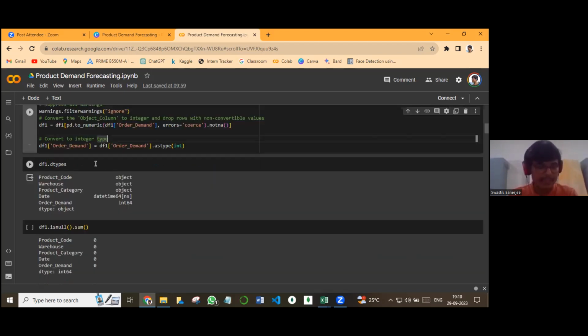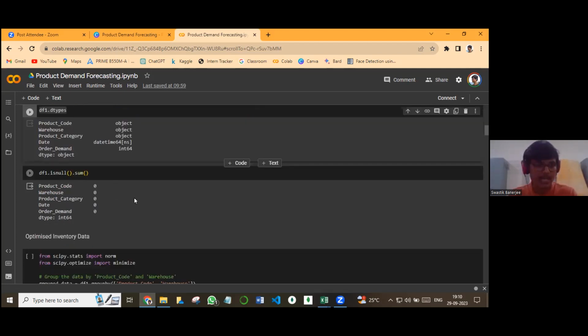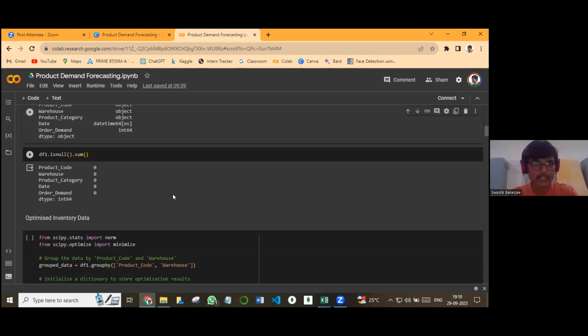As you can see, after these operations we don't have any null values in the data set, and we have converted our date attribute into datetime data type and order demand into integer data type. That's suitable for us. And this is the last step of the first sub step.